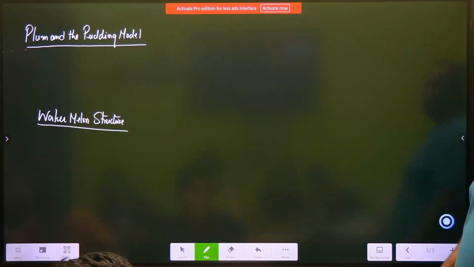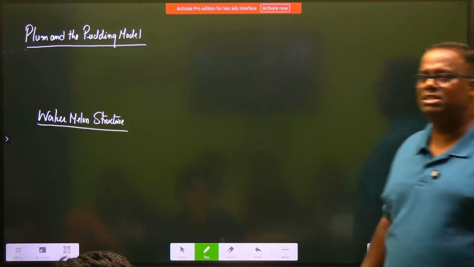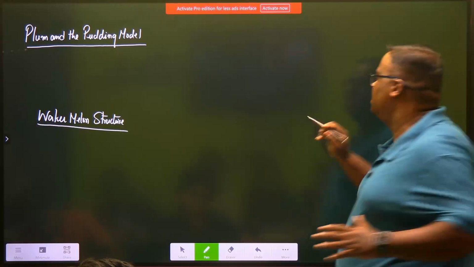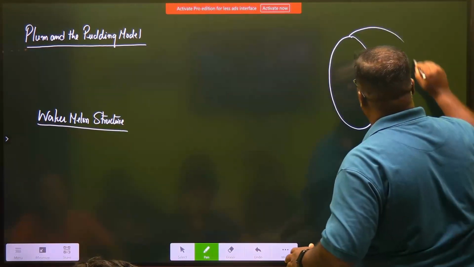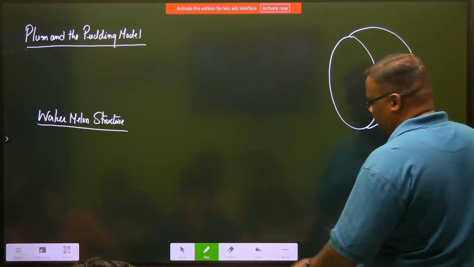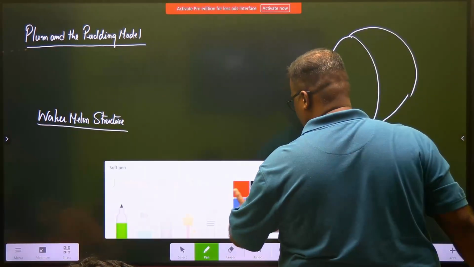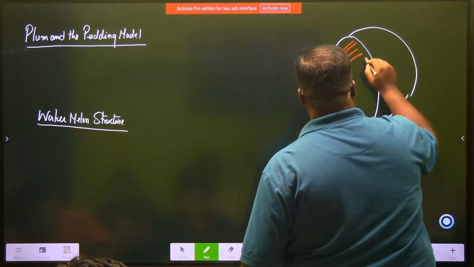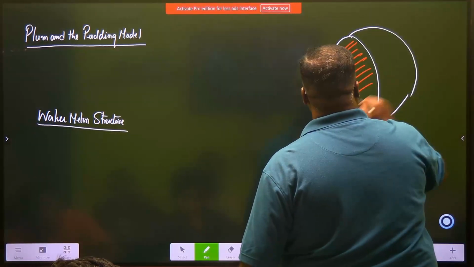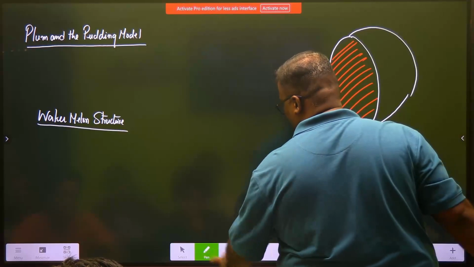So the plum and the pudding model says that, let's first understand the watermelon structure. Suppose this is a cut piece of a watermelon, and the color you will usually see inside is red. Then you will see some watermelon seeds also.